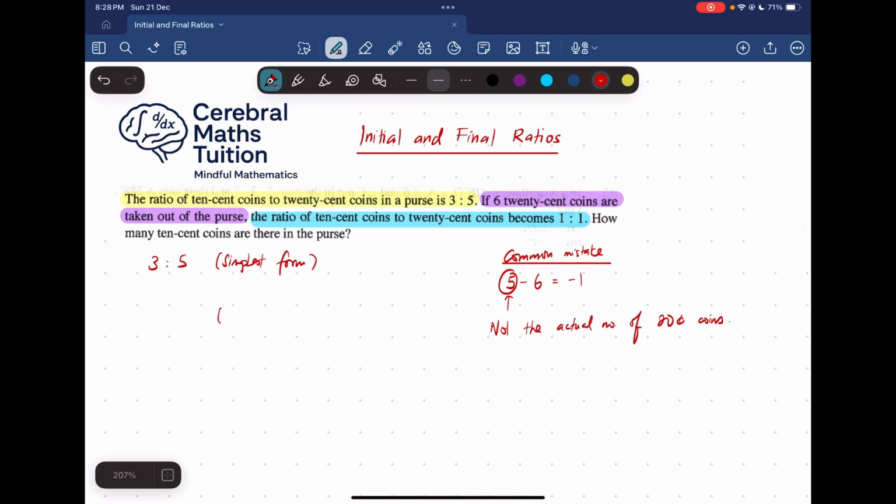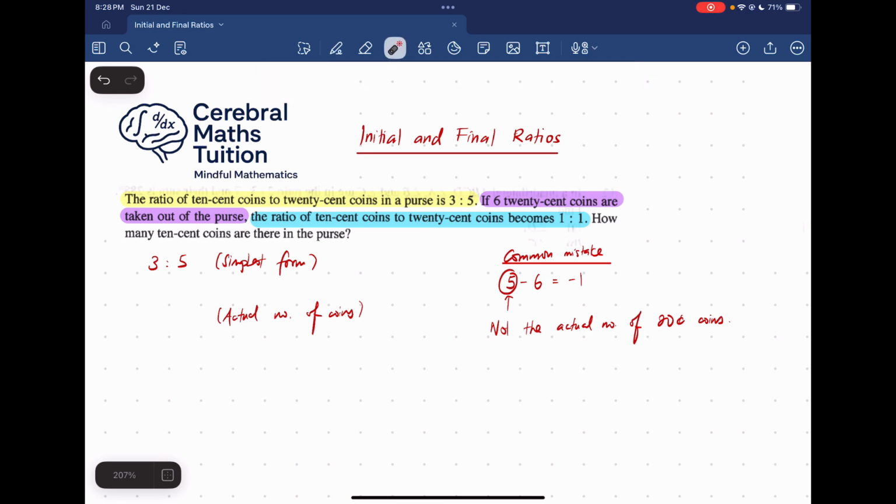But if you talk about the actual number of coins, it may or may not be 3:5. It may or may not be 3 coins to 5 coins. We can clearly see that if we assume there are actually 5 coins, you can't subtract 6 coins from 5 coins. So in this case, there aren't actually 3 coins and 5 coins for 10 and 20-cent coins.